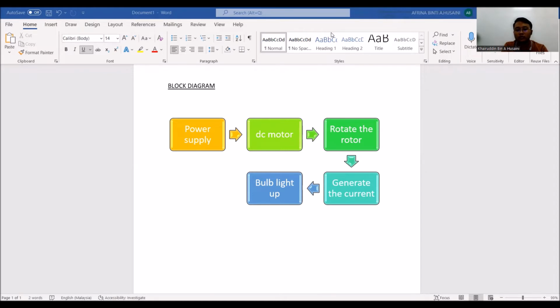After the rotor rotates with the magnet, it can generate the current. From the current, we flow the current to the bulb, and to show that there is current, the bulb will light up. So that's all for the block diagram.